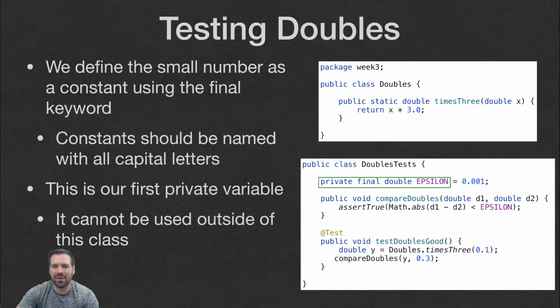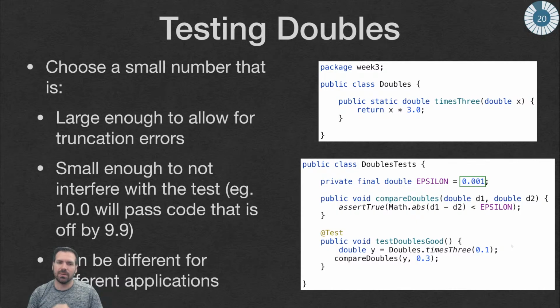I don't think I want to rehash it all right now, but I'm creating a private constant, so I'm naming it in all capital letters, and then setting this to some small value that's both large enough to account for any truncation errors, but small enough that it's not going to interfere with the logic of what I'm trying to accomplish. For our purposes, in CSE116, 0.001 will be a perfectly fine value for you. If you use that for all of your testing of doubles, it's perfectly fine.